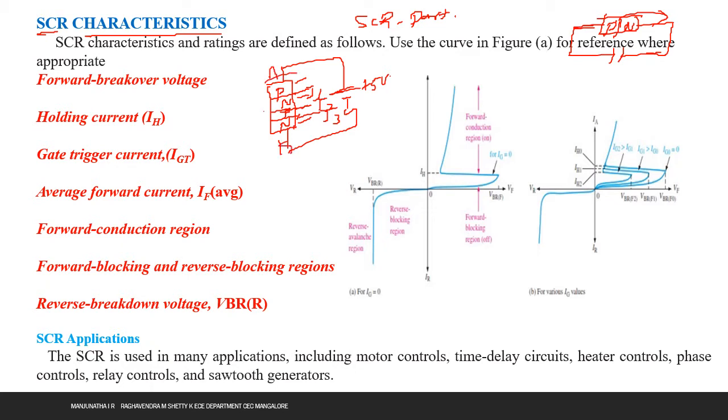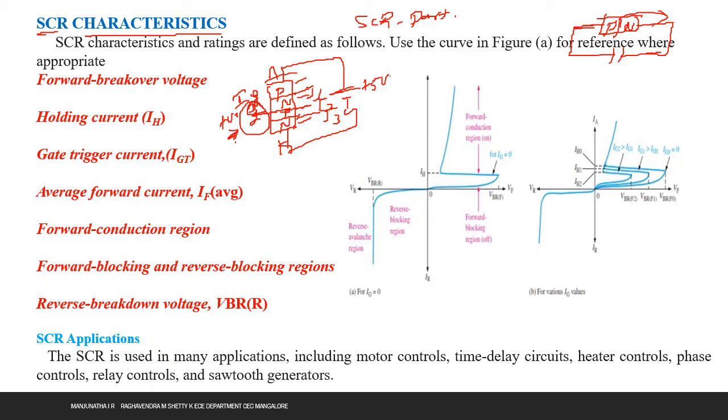And there is one more connection, that is the gate. To break down these three PN junctions, I'll take the support of this gate by passing the gate current IG. How we pass the IG, we have already discussed: by setting some positive voltage, remember that.